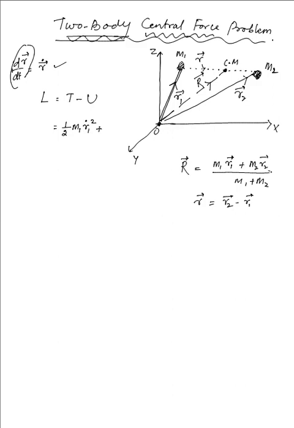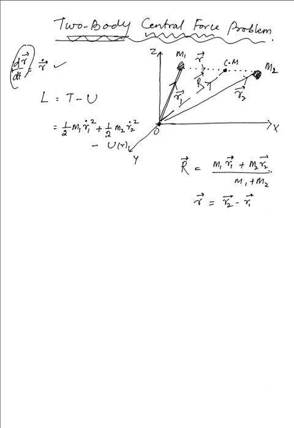Then we have the kinetic energy for particle 2, half m2 r2 dot squared. Remember, r2 dot is the rate of change of the position r2. That is the T term, minus the U term, which stays as it is. U obviously is dependent on r, that is, its value changes with respect to the position.